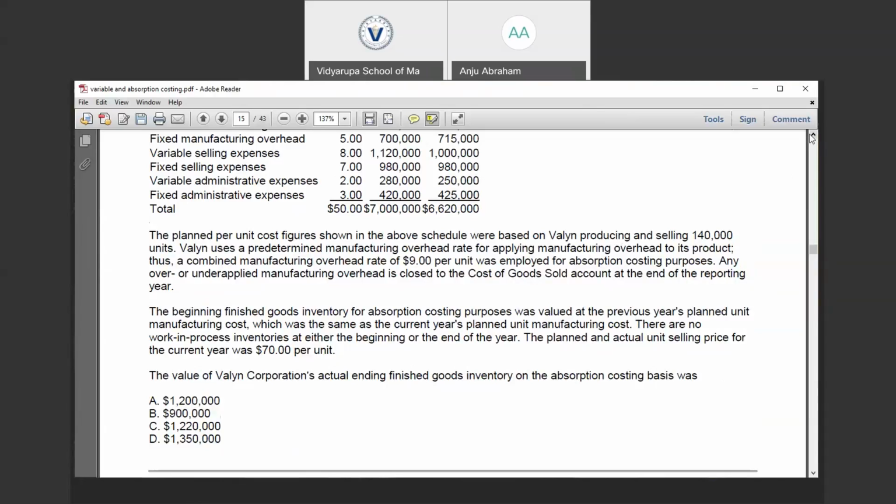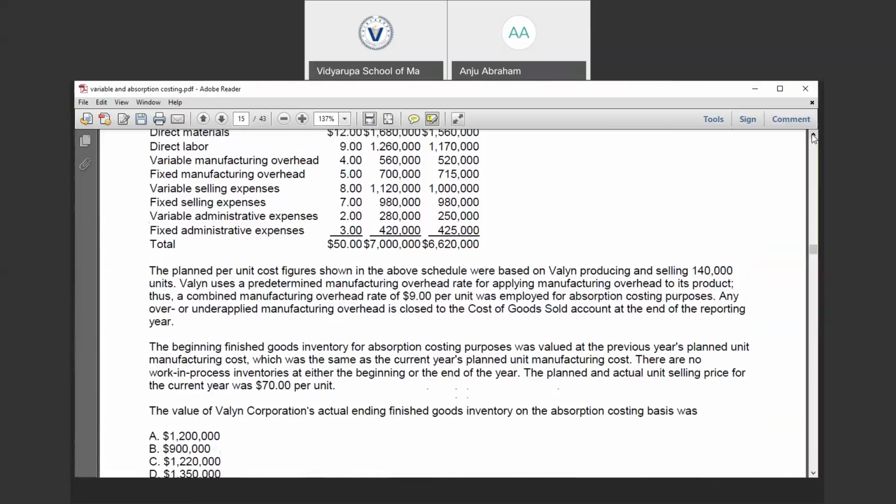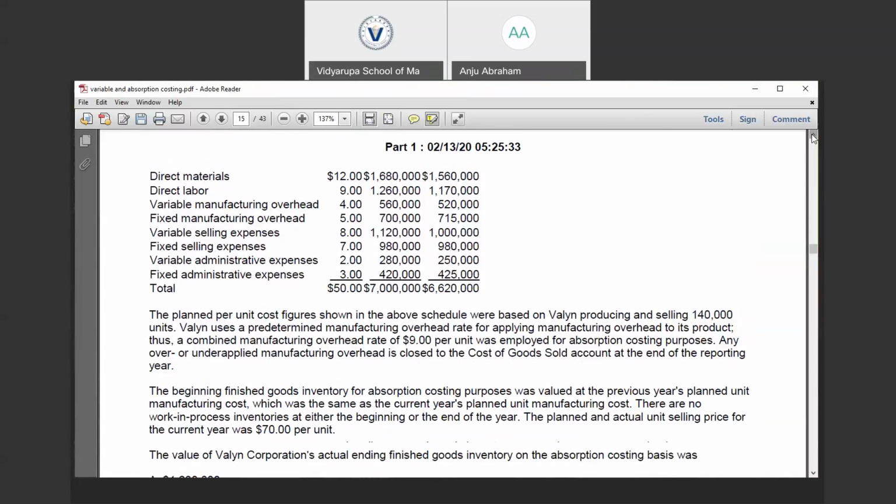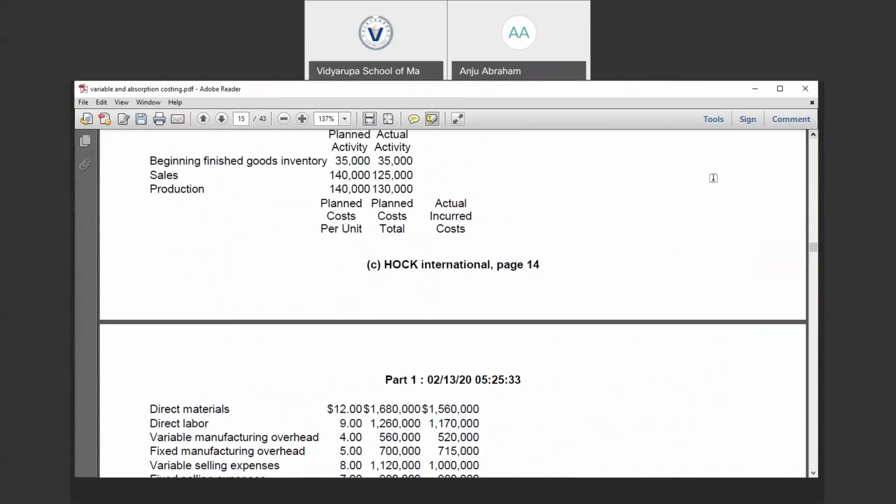So it includes variable manufacturing cost as well as fixed manufacturing cost. Okay, and let's check this data. We know that our activity level sales was 125,000, production was 130,000. So the ending inventory value would be, we know that.